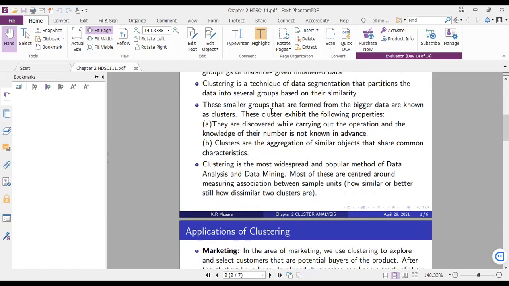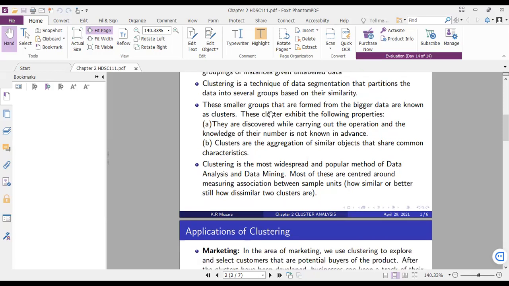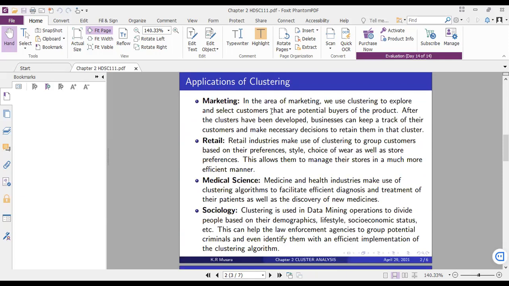Mainly, clustering is a technique of data segmentation that partitions data into several groups based on their similarity. Now let's look at the applications of clustering. It can be applied in marketing, retail, medicine and sociology, so in many aspects of life. Let's look at an example in marketing.